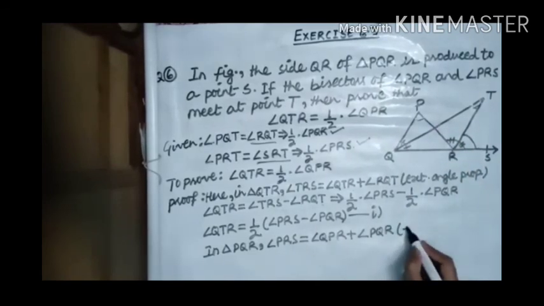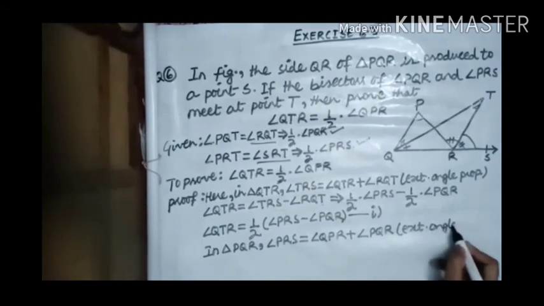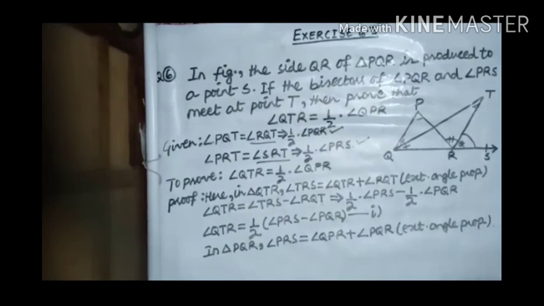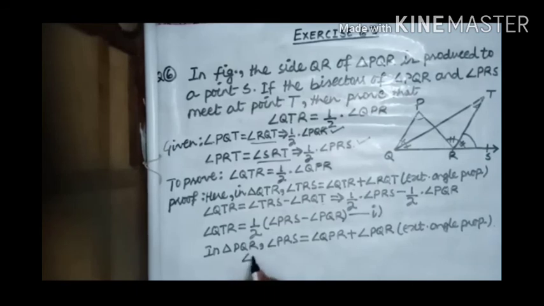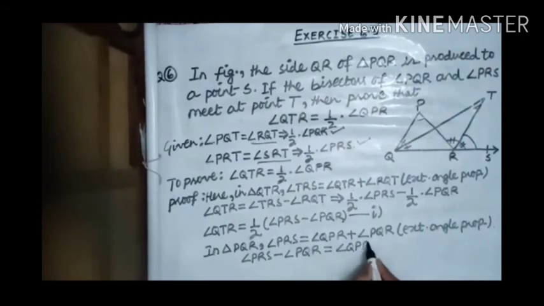Reason: exterior angle property. So this angle PRS minus angle PQR equals to angle QPR.